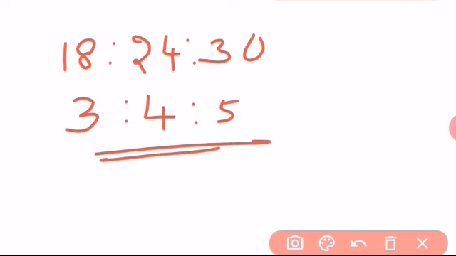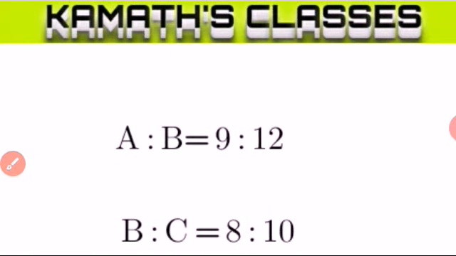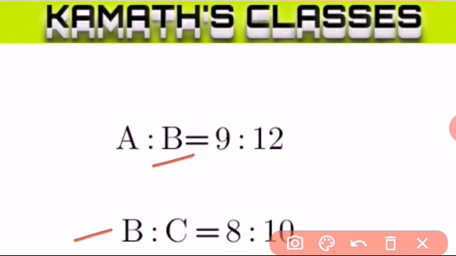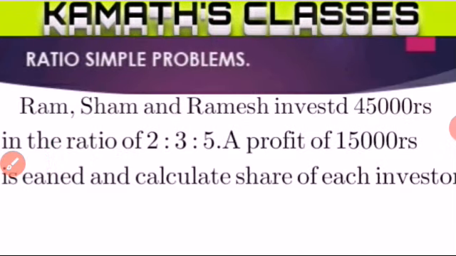This is the answer of this particular problem. The aim here is to make B, the middle term, equal. Here there is B, here there is B, so 12 and 8 should be made equal by calculating the LCM. Then you can proceed to solve the problem.